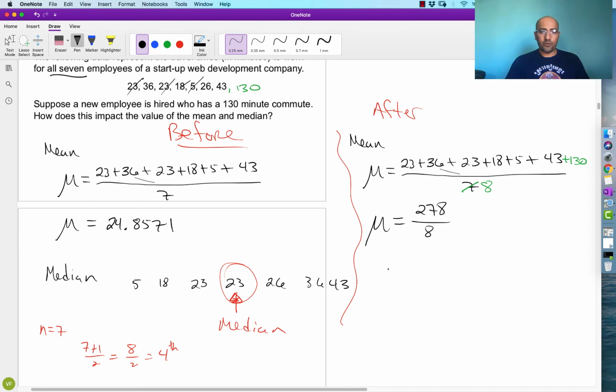Which gets me to mu equals 34.75. So this had a fairly large impact. It really changed the value of the mean from the before to the after. What about the median?